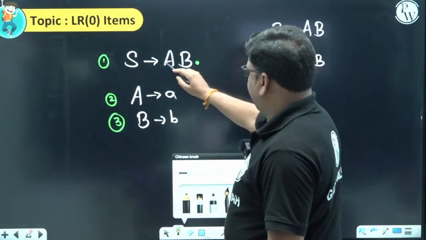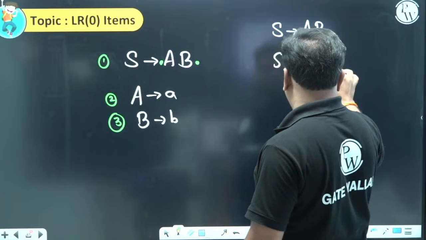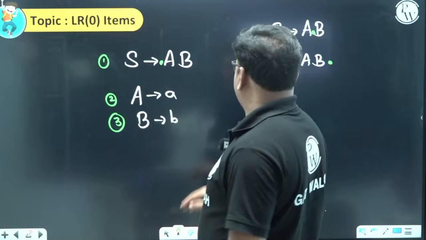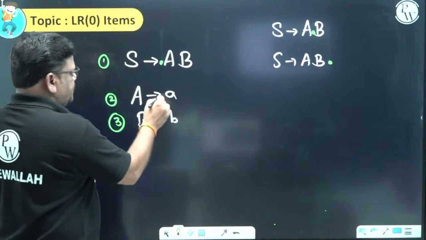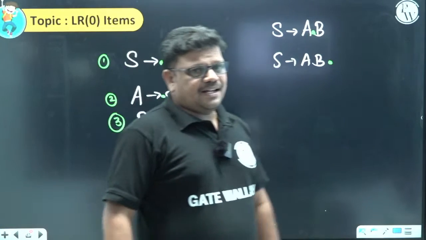The dot can be placed here, here, or here, at only one position at a time. These are called LR0 items. So this is also one of the LR0 items, and this is also one of the LR0 items.